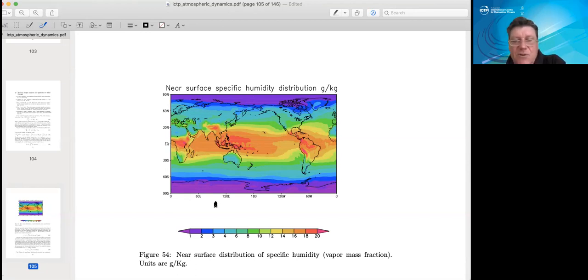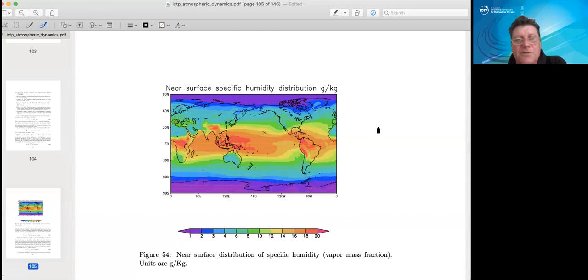Now this is for the annual mean. So what can we observe? What is the basic distribution here? Red is very high values, and blue and violet are low values. How is this distributed? This looks very much like the temperature distribution, no?